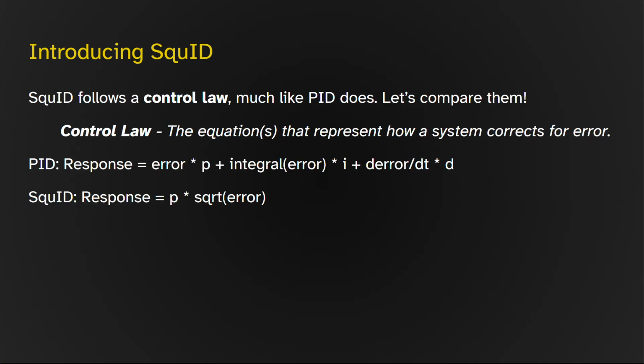So how does SquID actually work? SquID follows what's called a control law, which basically tells us how our system is going to try to reach a point. So with PID, the response is equal to the proportional sum. Going back to our linear slide example, we have the distance to the basket, and we multiply that by some constant. And then we also have an integral term, and this integral term accumulates over time.